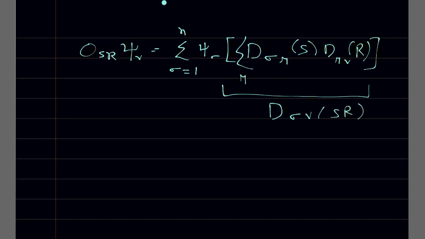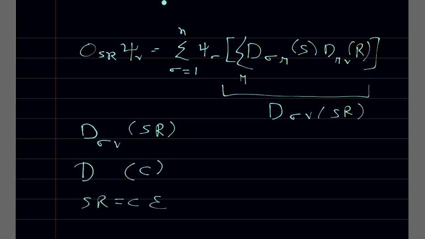You see that the new matrix that represents SR, or more precisely the new matrix which is a matrix representation of C, because SR equals C, that belongs to the group.